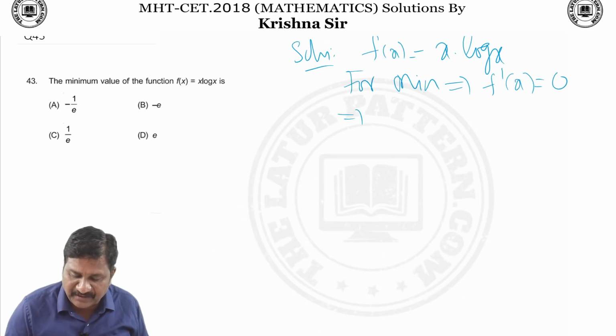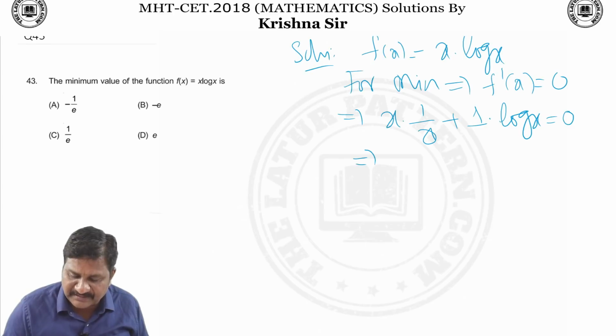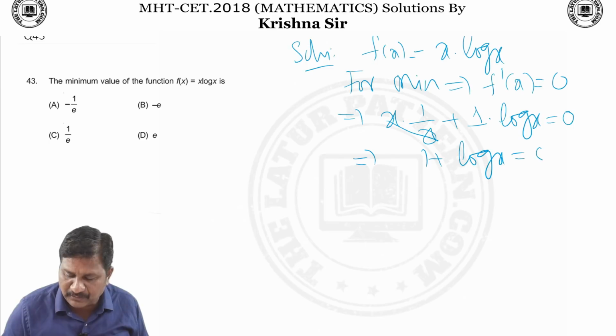Now differentiate. u into v: first function x same as it is, second function log x derivative 1 by x, first function x derivative 1, second function log x same as it is. So here x will get cancelled, 1 plus log x is equal to 0.